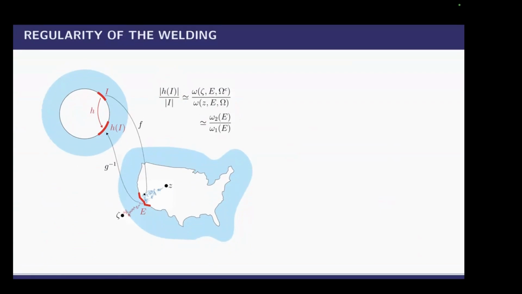And once we have this characterization, there are several ways to understand how regular the conformal welding homeomorphism will be in terms of how different harmonic measures are from inside and outside on our given Jordan curve.